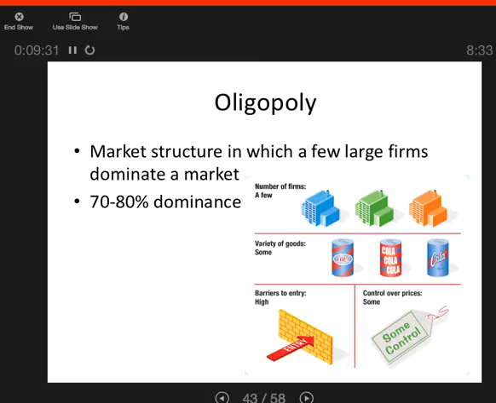So usually in order to have an oligopoly, there's only going to be a few individuals, few groups that dominate the market, so 70 to 80% of this. So it is a step right below a monopoly. Monopoly is 1, oligopoly would probably be 3 or 4 that really seem to dominate the market structure when it comes to this.